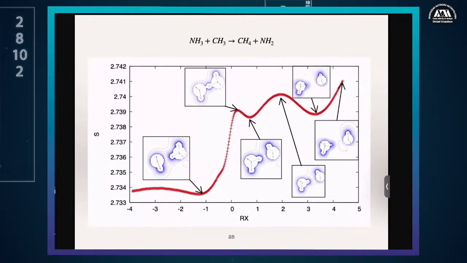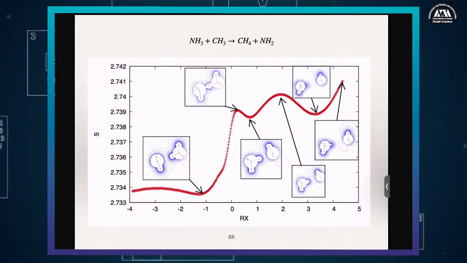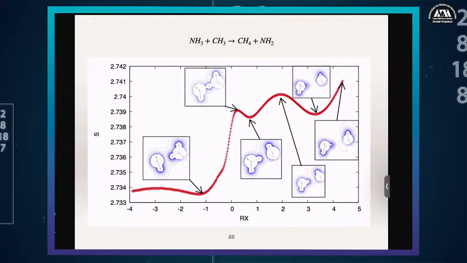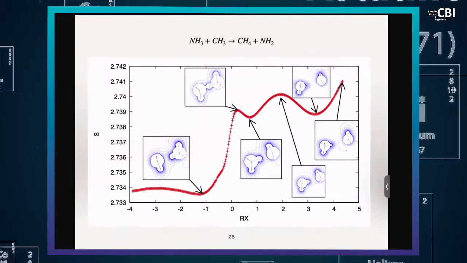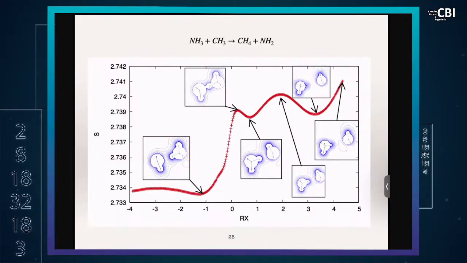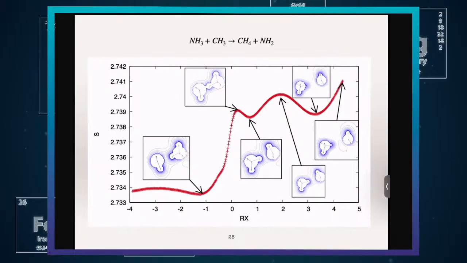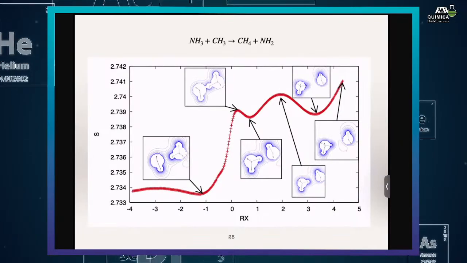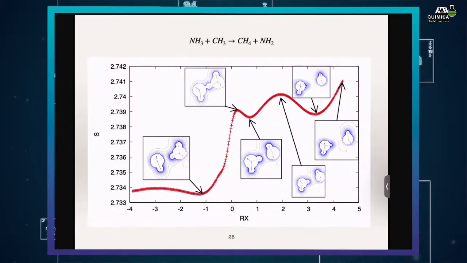In this case, we observe that, for example, at the transition state, we can observe how this process is carried out. So in this case, this maximum and minimum could be related to the bond breaking and bond forming of these molecules.